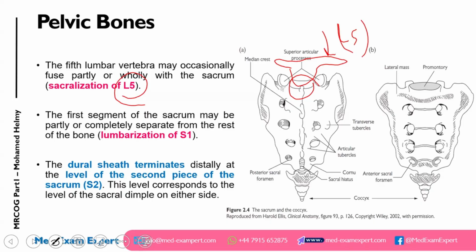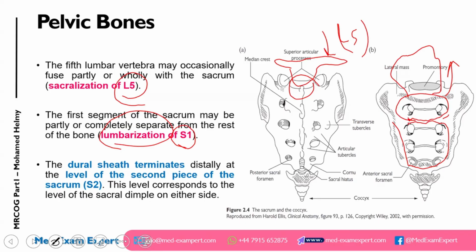And in other people, the first sacral segment or vertebrae is a part of the lumbar vertebral column, like it's separated from the other parts of the sacrum and it's adjacent to the fifth lumbar vertebrae. And we call that lumbarization of S1. These are anatomical variations among individuals, and these are considered normal variations, okay?